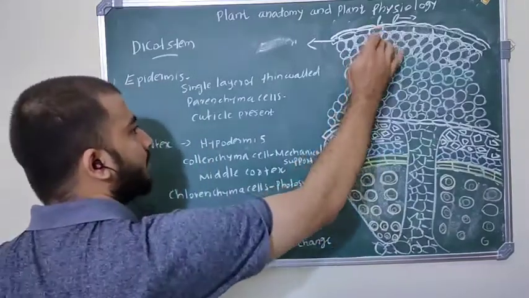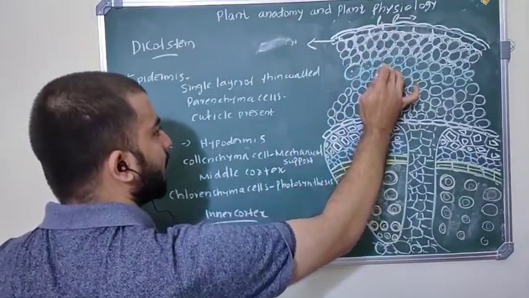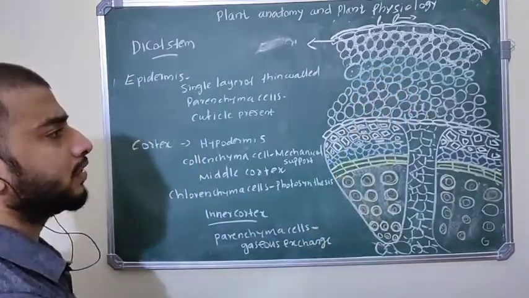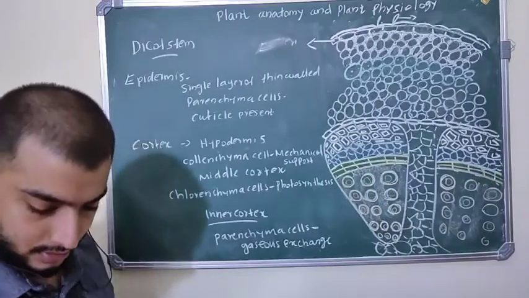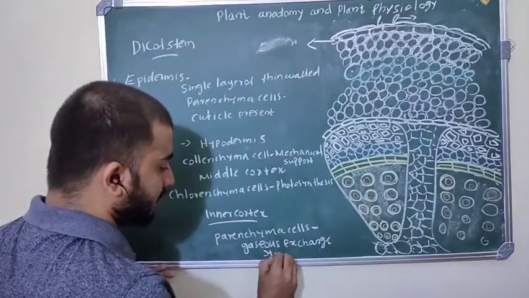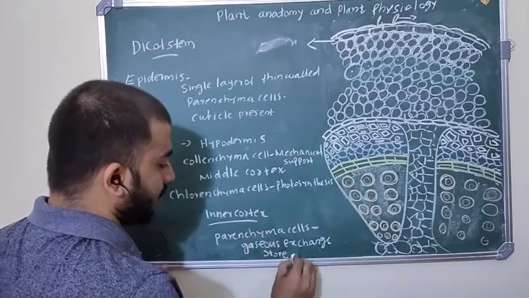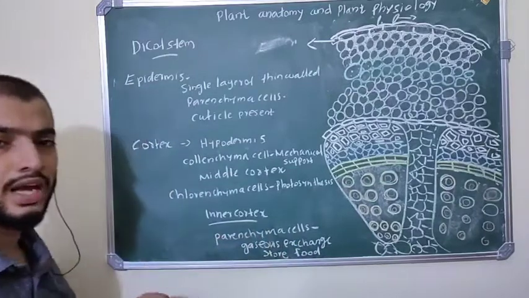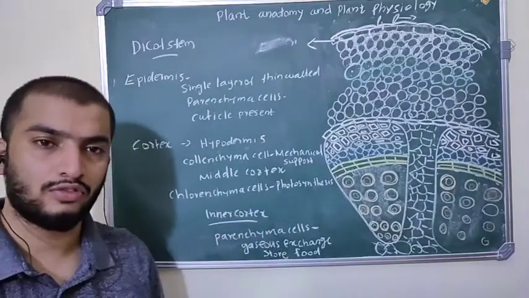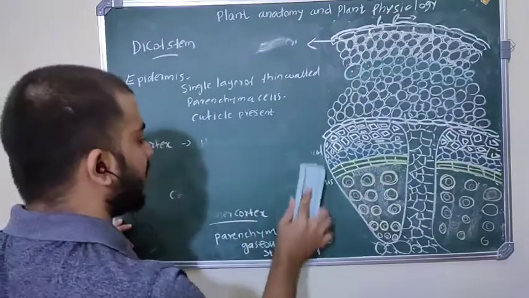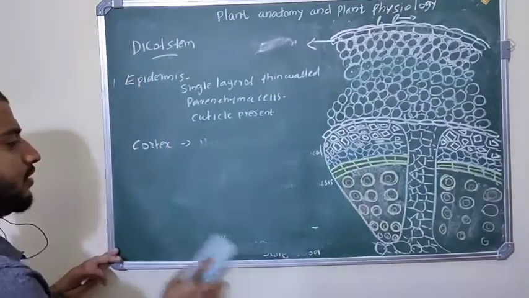So this is hypodermis, this is middle cortex made up of chlorenchyma cells, and this is inner cortex made up of parenchyma cells. These parenchyma cells also store food materials. So they help in gas exchange and in storage of food materials. So that's about cortex. Then the cortex's innermost layer is endodermis.